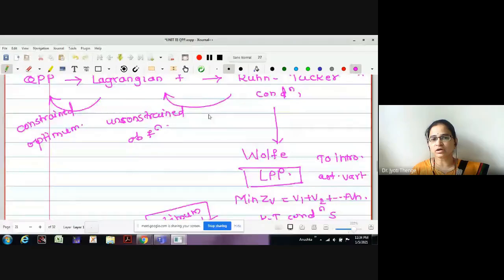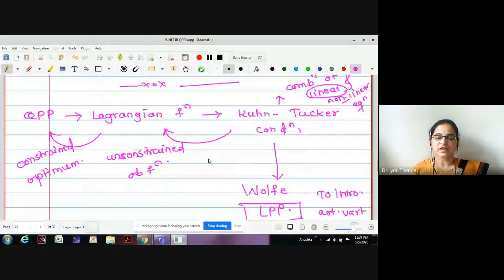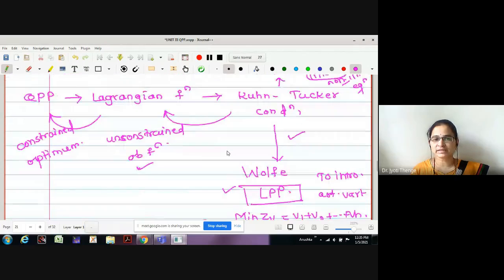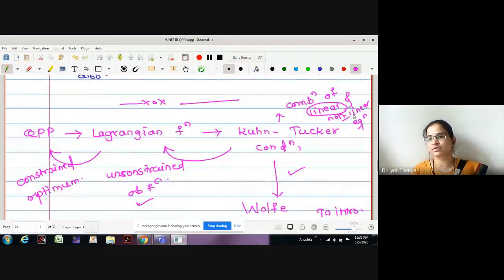This is the short summary. Therefore, to understand the Wolfe method, you must understand why the Lagrangian is constructed, why the Kuhn-Tucker conditions are constructed, and then the Wolfe algorithm. Any difficulty up to this? Now I will proceed to the example so that it becomes clear how to solve the system of equations subject to these non-linear equations.